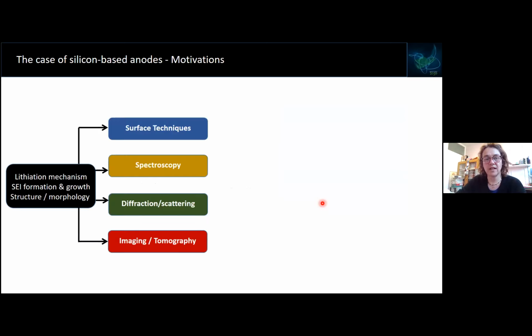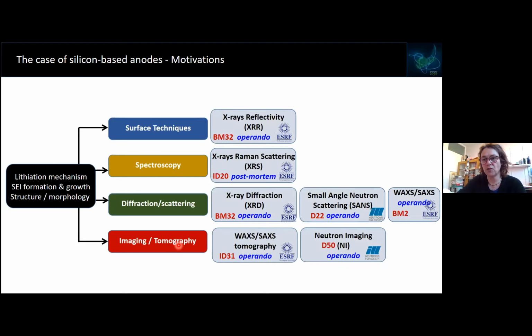And to do that at the large scale facilities, there are many, many techniques available that we can classify basically in four big families: surface techniques, bulk spectroscopy, diffraction and scattering, and imaging and tomography. And what I want to do in this talk is show you some examples of one or several techniques belonging to each of these categories.